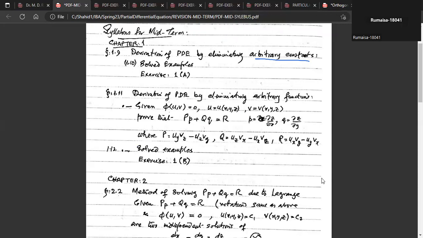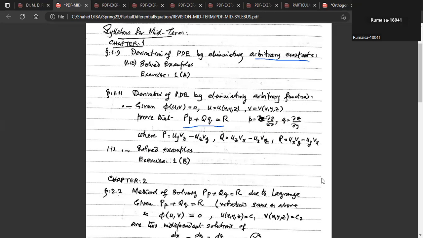And the general differential equation that we obtain is of this form: linear, quasi-linear differential equation, where small p represents the derivative of the dependent variable. Generally, the surface given is of this form, where phi is a function of u and v, and u and v both are functions of x, y, z.